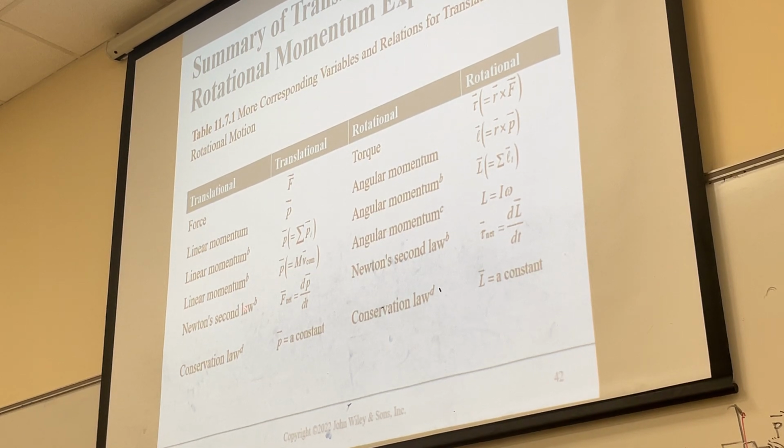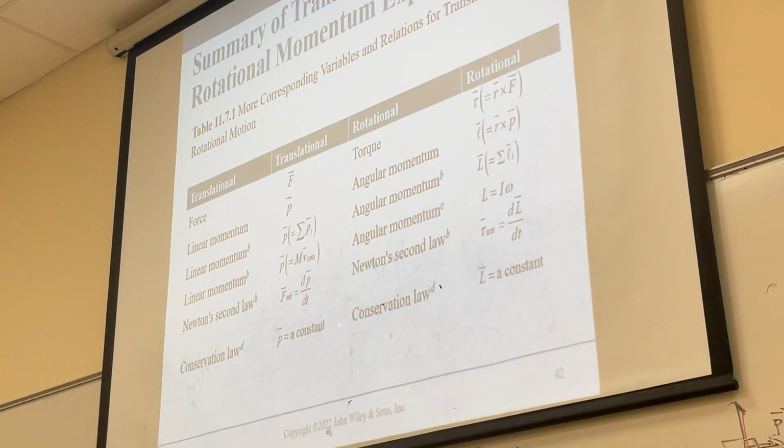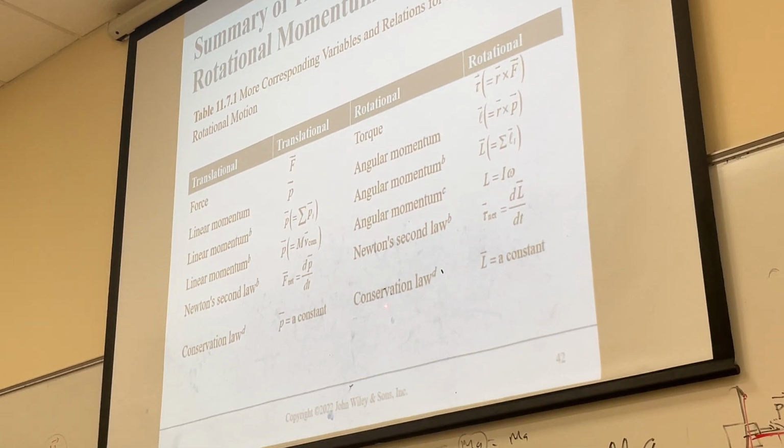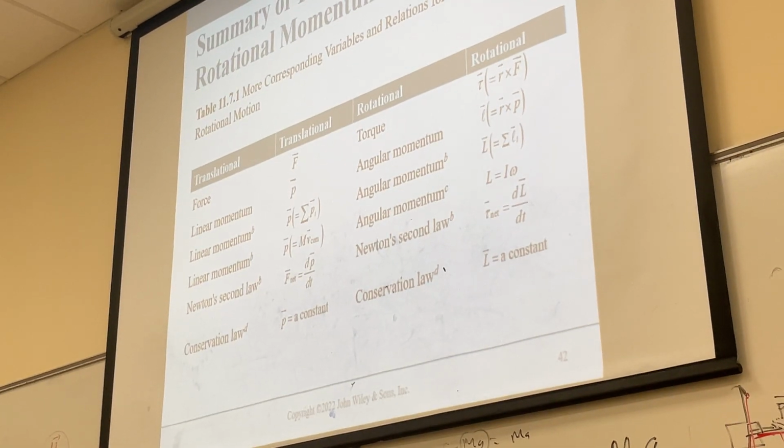So F equals dP by dt, and we have torque equals dL by dt. For conservation, P was constant for any collision or explosion. And here we have the conservation law: L is equal to constant when the sum of the torques is equal to zero.